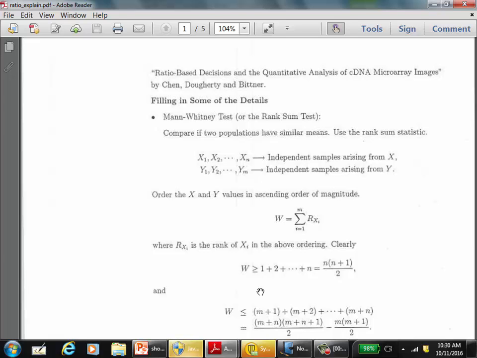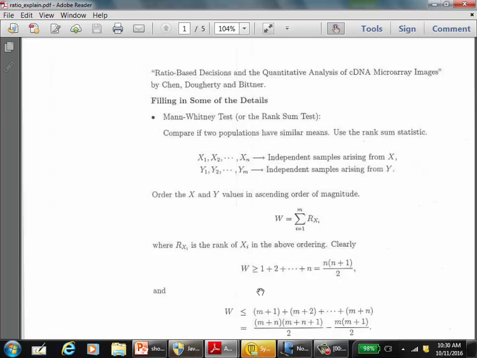If the mean of x is significantly less than y, then it's likely that all the x's will come before all the y's. In that case the sum will be 1 plus 2 plus 3 up to n. So this is the minimum value that w can have, when the mean of x is significantly lower than the mean of y.